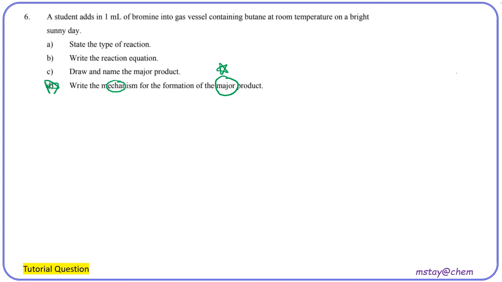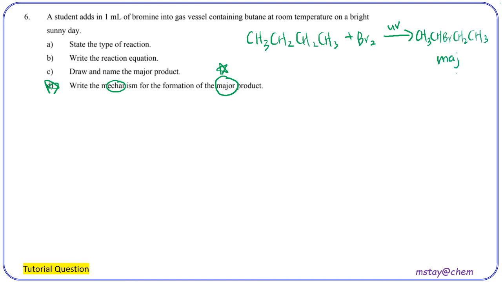If you still remember, when CH3, CH2, CH2, CH3 reacts with bromine in the presence of UV, CH3, CHBr, CH2 and CH3 is the major product.